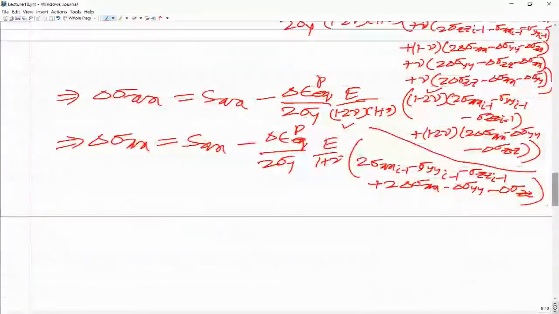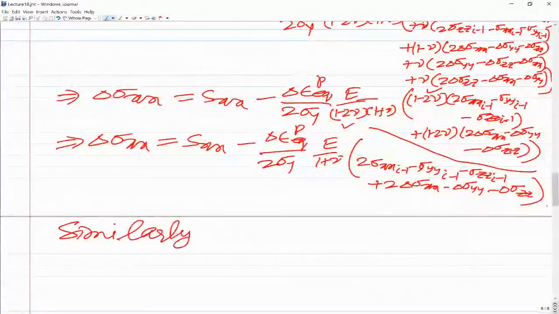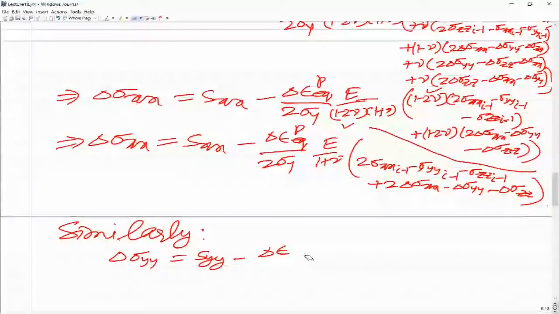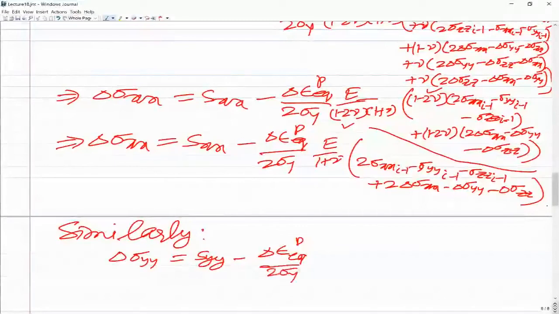Now similarly you can write the other components. If you look at delta sigma yy and delta sigma zz, they can also be written in a similar manner. So delta sigma yy would be syy minus delta epsilon equivalent p upon 2 sigma y into E upon 1 plus nu.